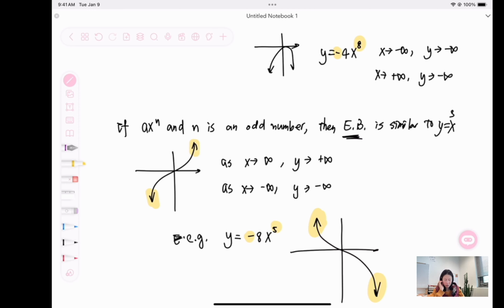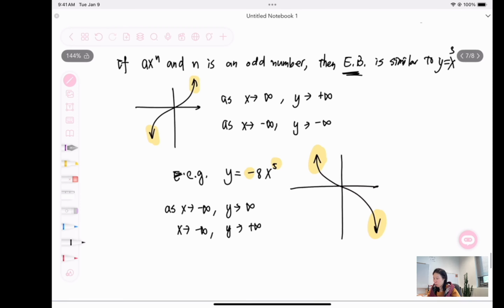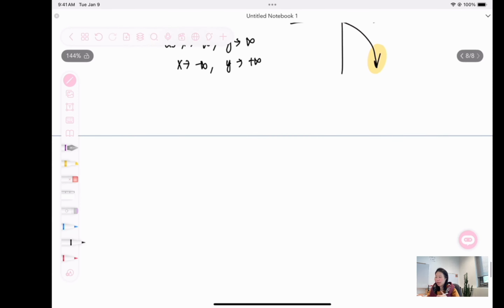It's going to be similar to the flipped cubic function. So as x goes to the left, y goes up. As x goes to the right, y goes down. That's it.